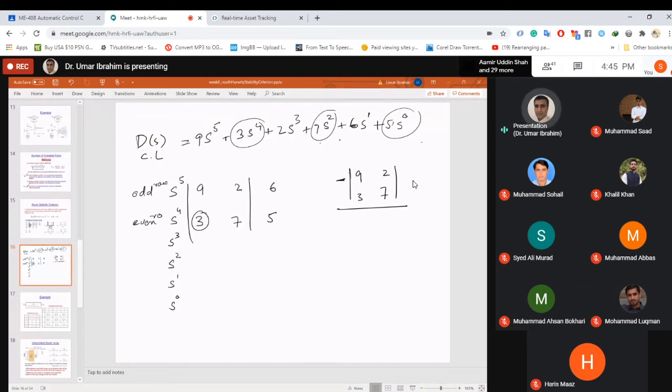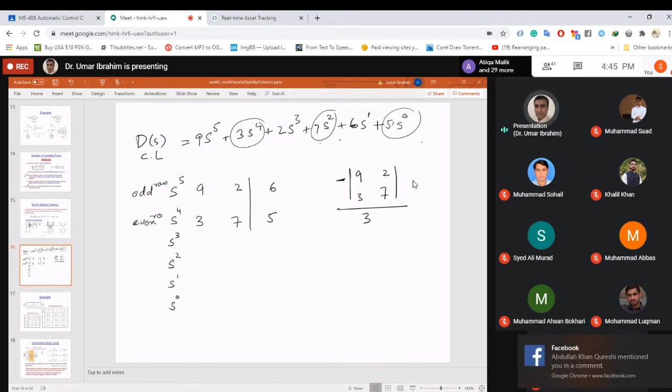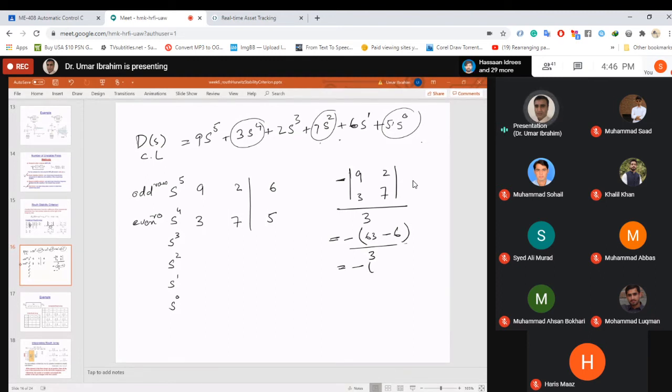So when you solve it, it will become 9 sevens are 63 minus 2 threes are 6, divided by 3, that comes out to be minus 57 by 3.